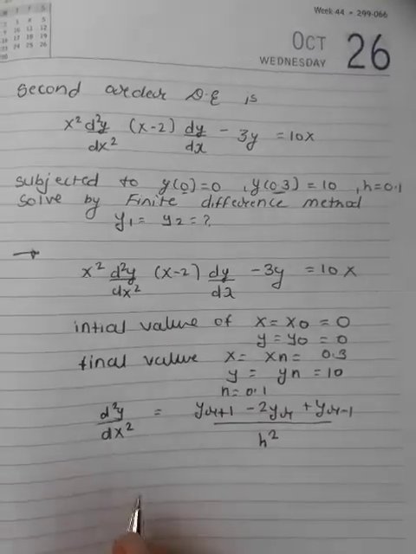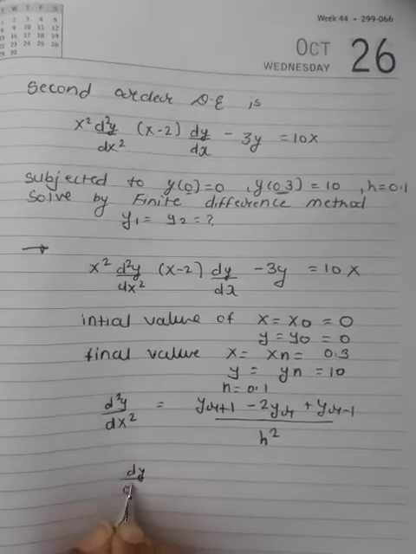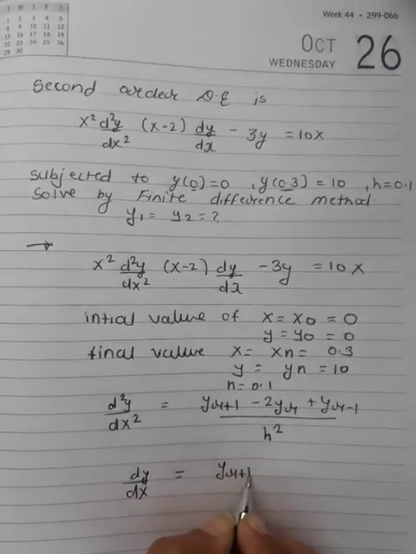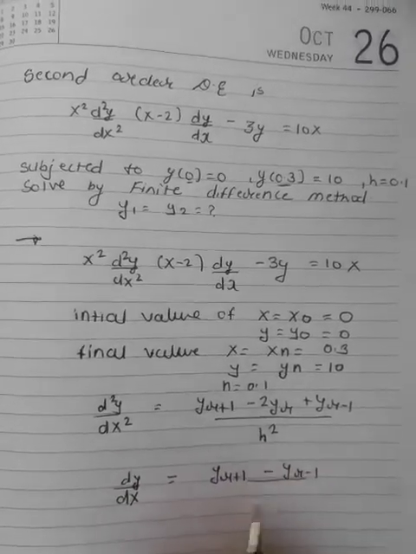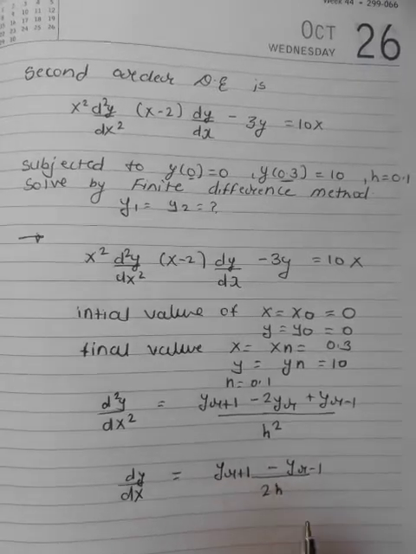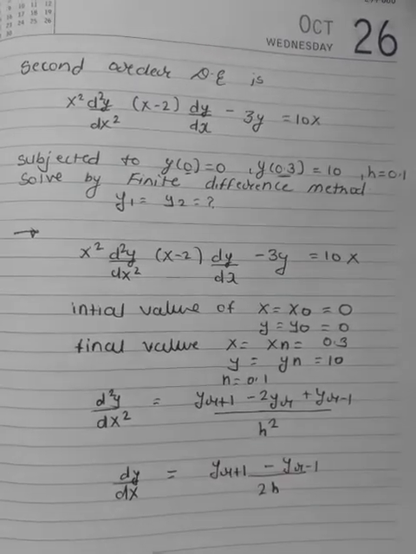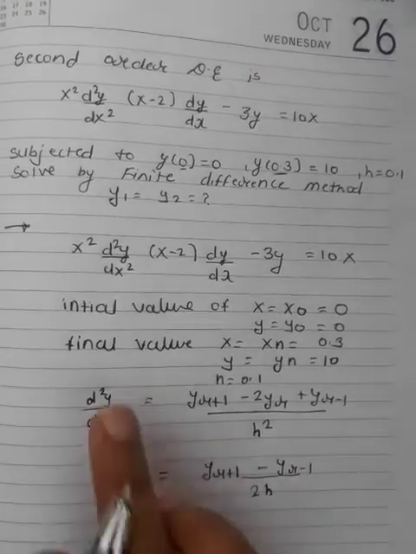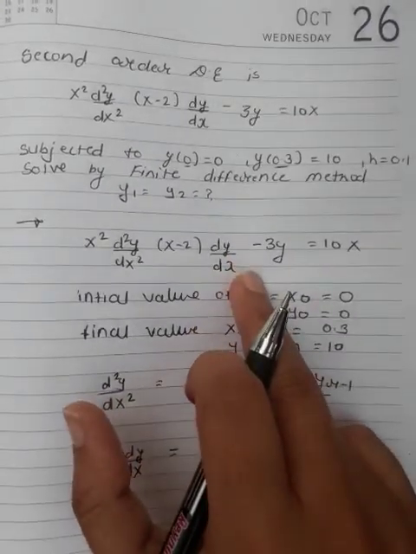Similarly we will write for the first order derivative, dy by dx is nothing but y(r plus 1) minus y(r minus 1) divided by 2h. So these are the two equations for first order and second order. After writing these, what you have to do? You have to put the values of d2y by dx square and dy by dx in the given equation.